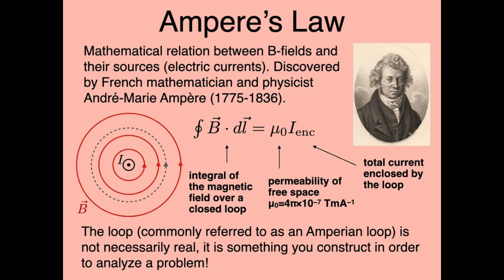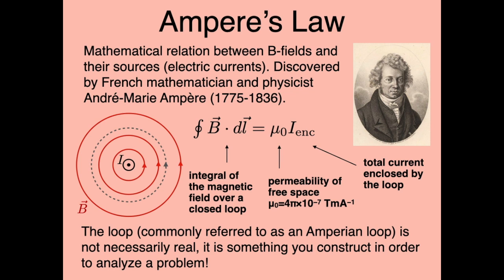Here's what the law says: the integral of B dot dl over a closed path equals mu naught times I enclosed. Mu naught is that constant we saw earlier, called the permeability of free space, and I enclosed is whatever current we're enclosing with our path.